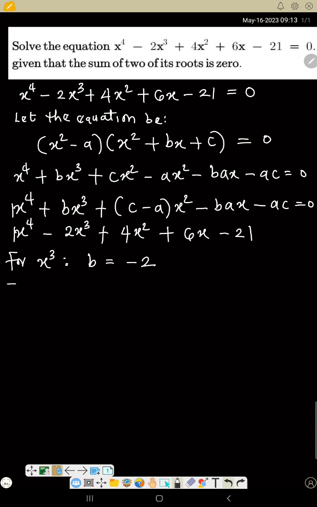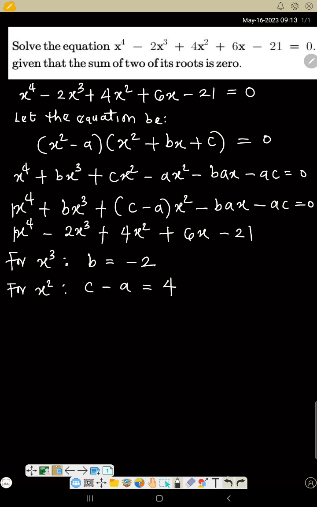Now for s squared, this will cancel out. So we have c minus a is equal to 4. So that is this coefficient, then you take this coefficient: c minus a equals 4.